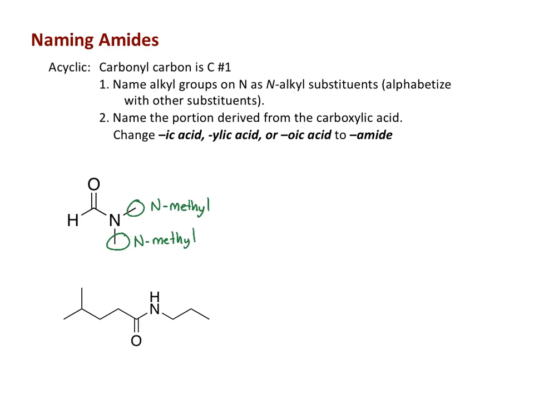Here in the carboxylic acid derivative, there's just 1 carbon. So the IUPAC name for this parent comes from methanoic acid. In this case, we drop the whole ending, oic acid, and this becomes methanamide.